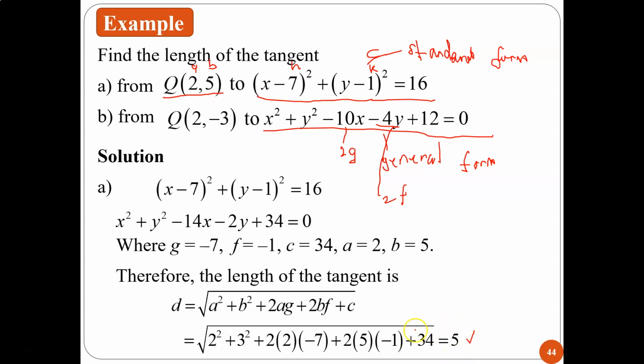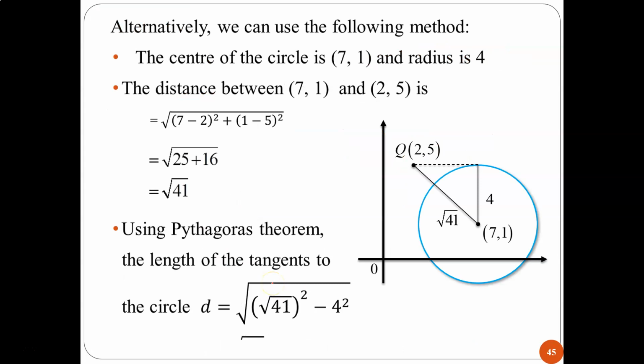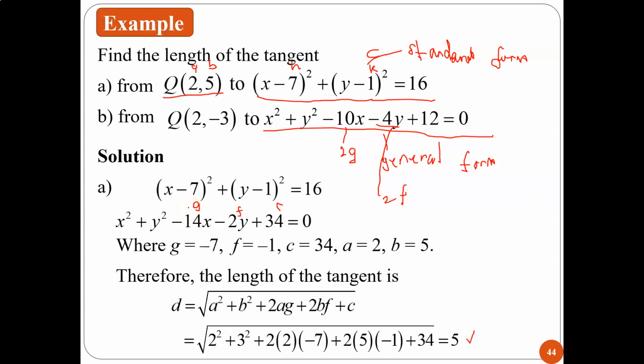It's easy, right? We just need to expand this one from the standard form. You expand it, then it becomes general form. So from here you get this is your C, this is your F, this is your G. Then for B, it's similar. Since it is already expanded, it is easy.